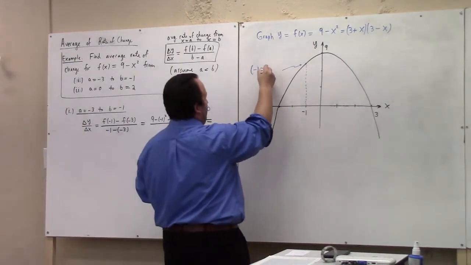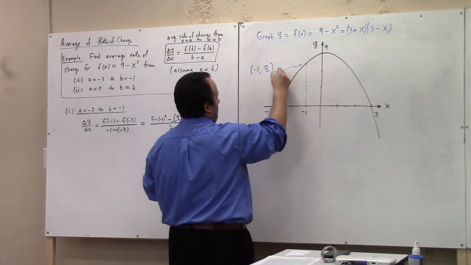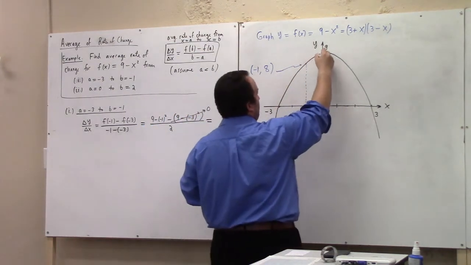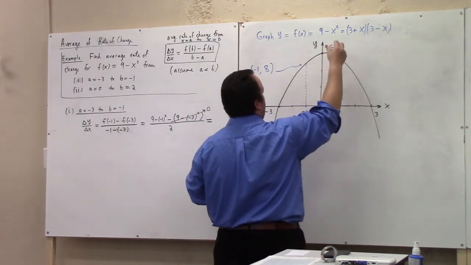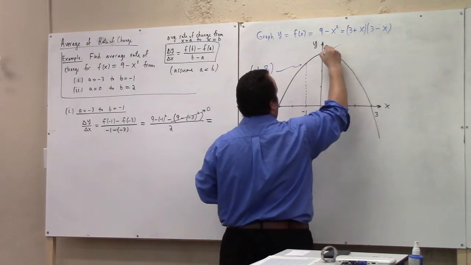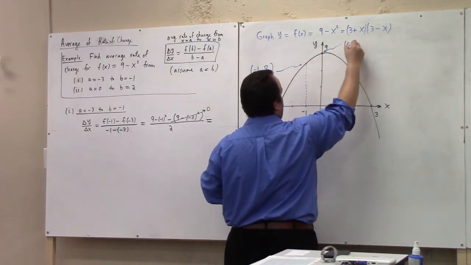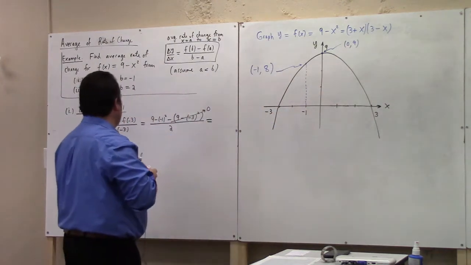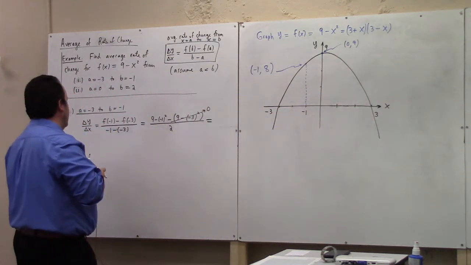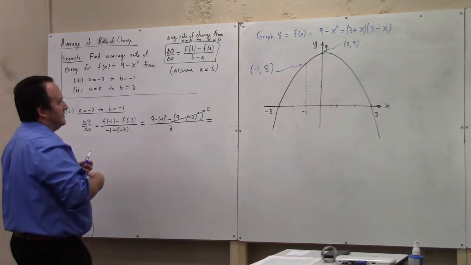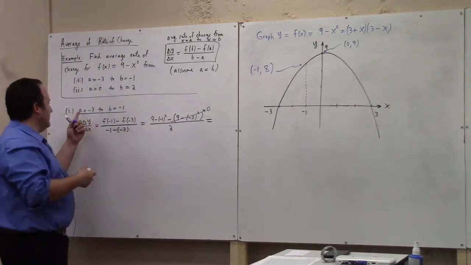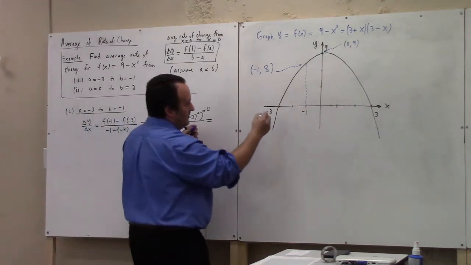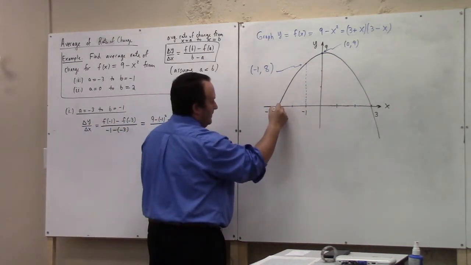So this point right here is at 8. And then, of course, this point up here at the top is 0, 9. Now, I'm sorry, why am I talking about that? We're not to that part yet. What are we doing here? We're doing minus 3 and minus 1, right? So where's minus 3 in this picture? That's this guy over here, right?